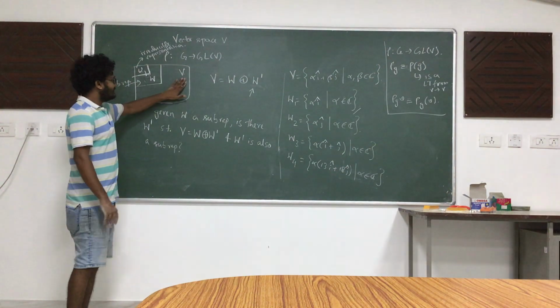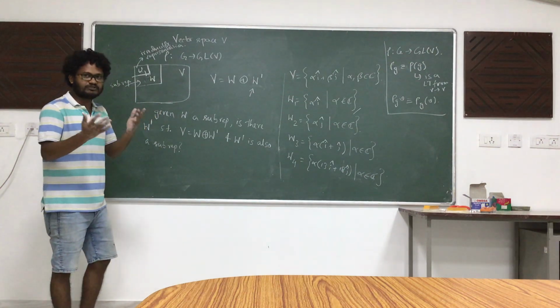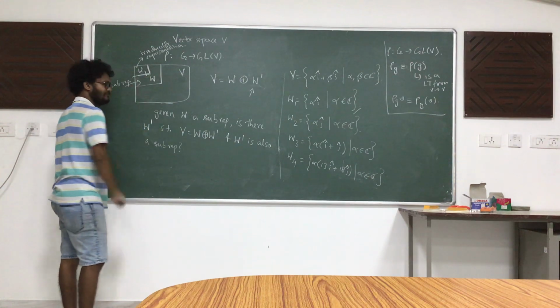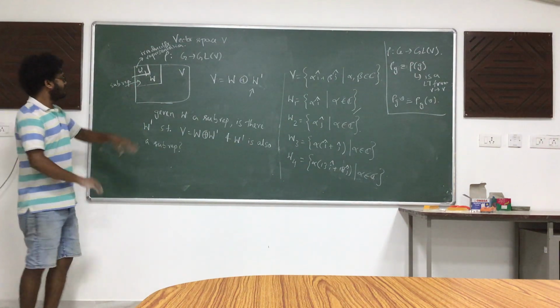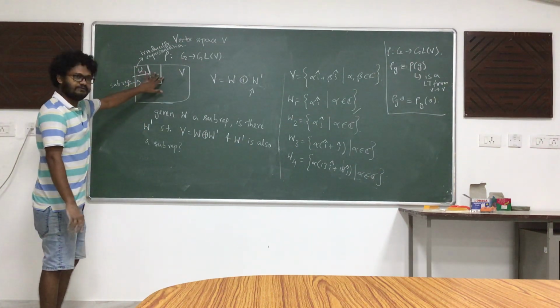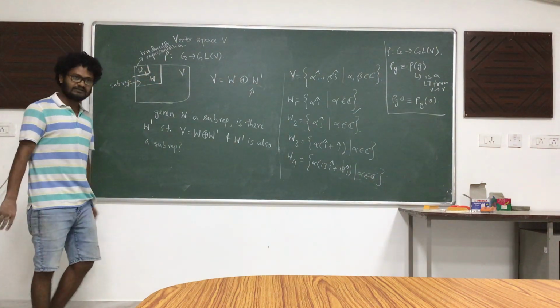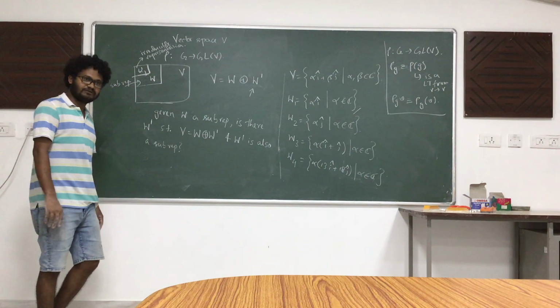If it is not, then the most interesting job would be, okay, let us find some subrepresentation of V. Okay, we found one subrepresentation of V, W, and then we ask whether W is an irreducible representation or not.